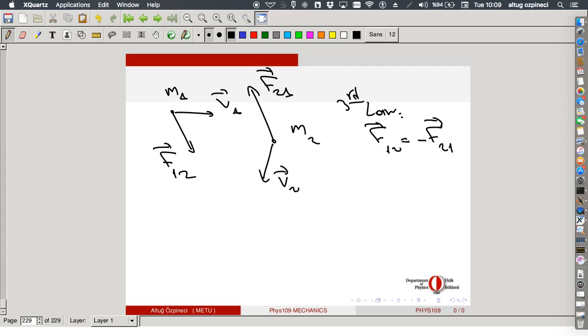Now suppose that these two masses exert forces on each other for some time delta t. So F12 times delta t will be equal to minus F21 times delta t. I'm just multiplying both sides of this equation by delta t.